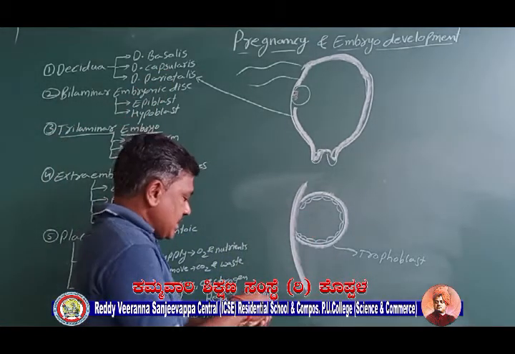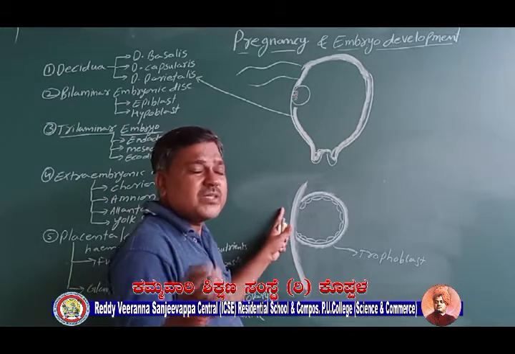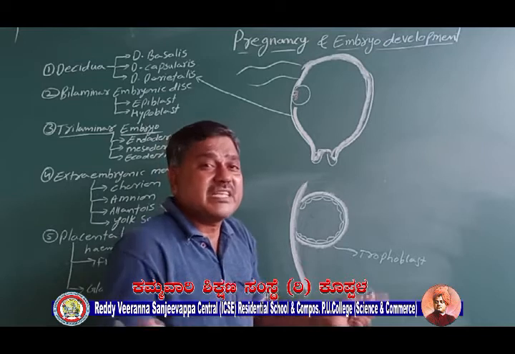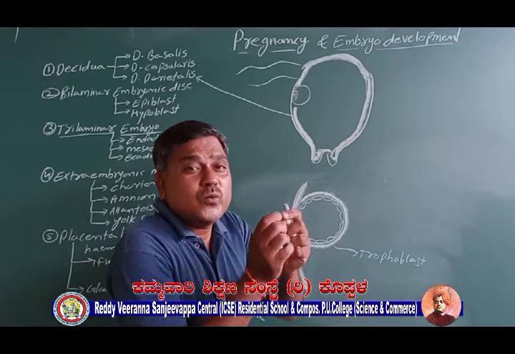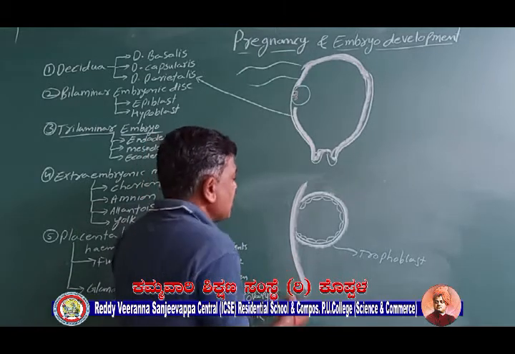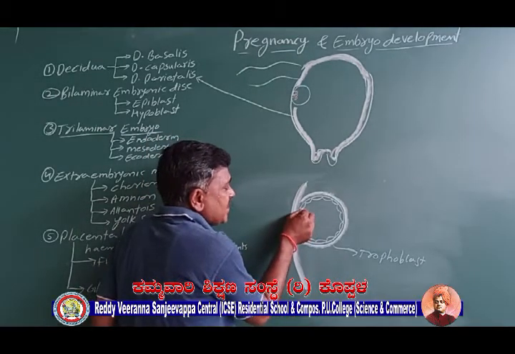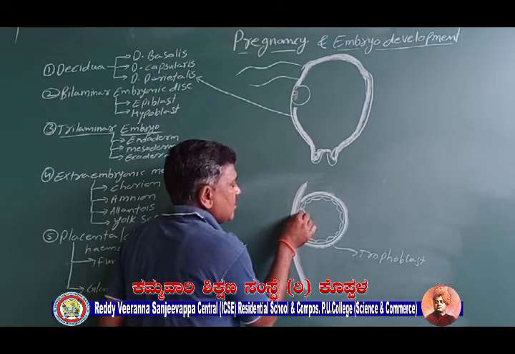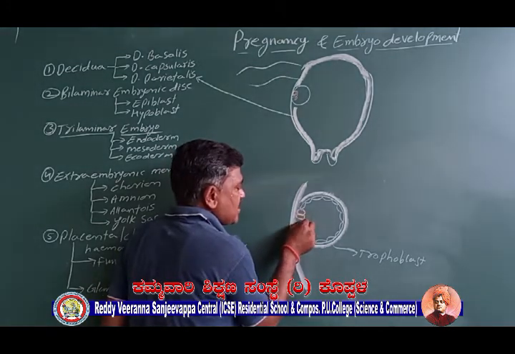Now, here cells of Rauber were there. So, these cells of Rauber slowly degenerate. As the degeneration occurs, the epiblast cells start moving very close to the trophoblast region.